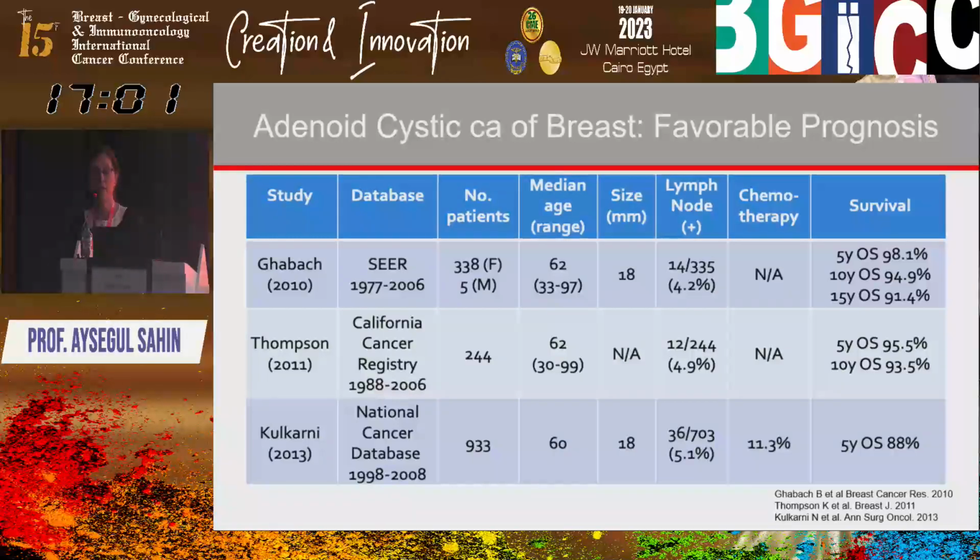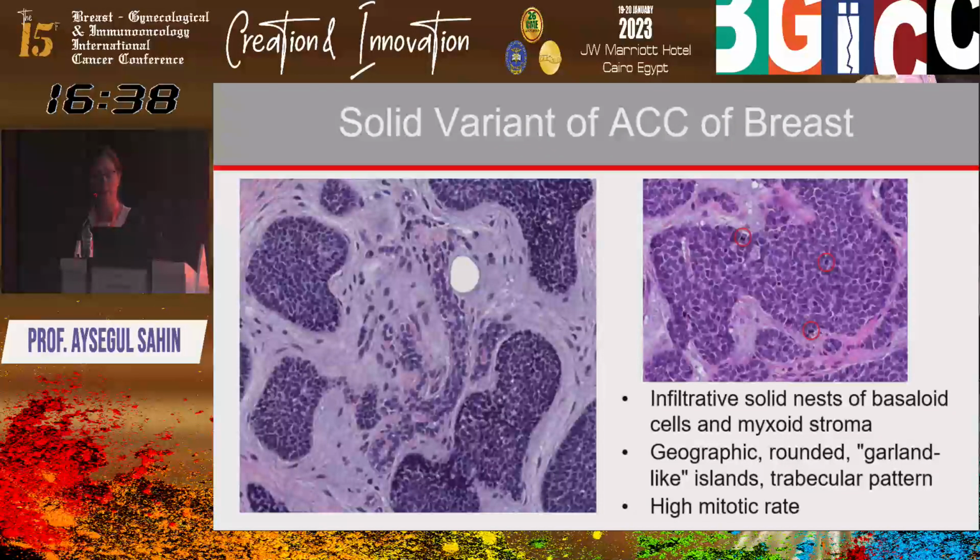If it's an adenoid cystic carcinoma, regardless of the grade, these are very favorable prognosis tumors. The overall survival rates are really very high. These are rare tumors, but it's really important to recognize them.